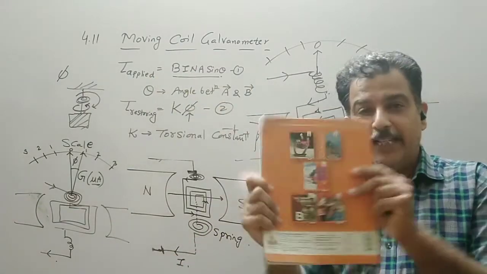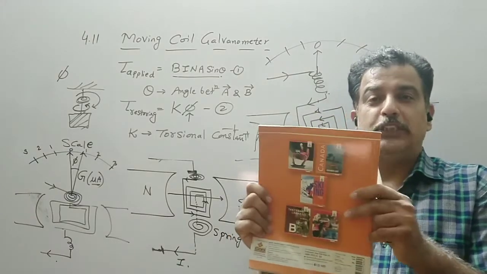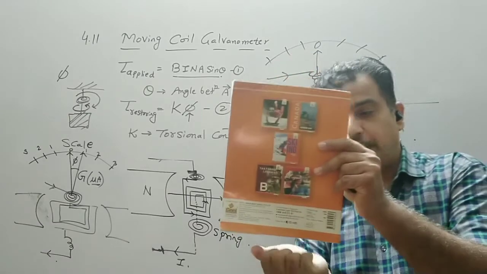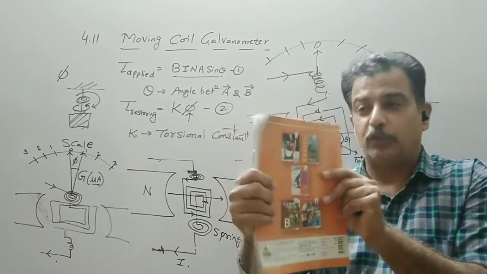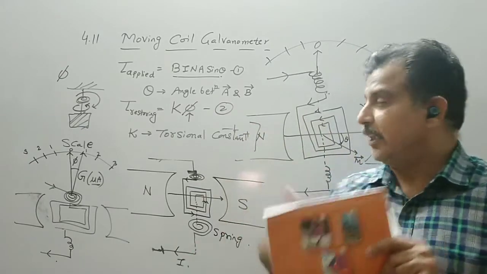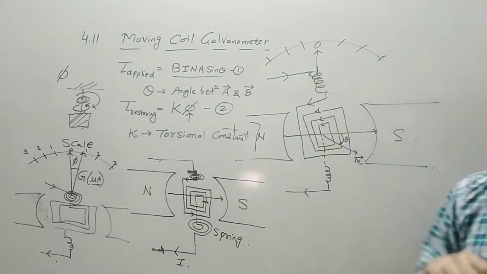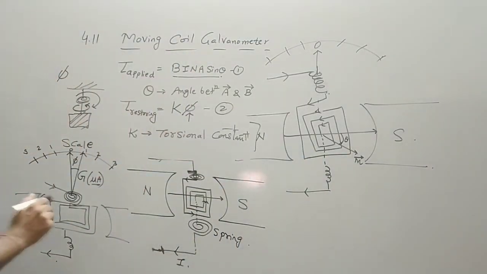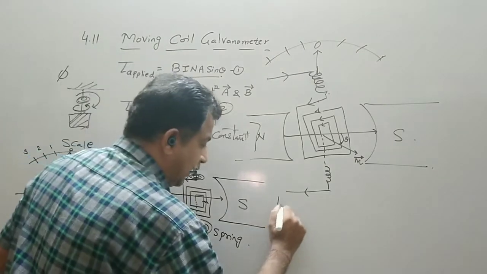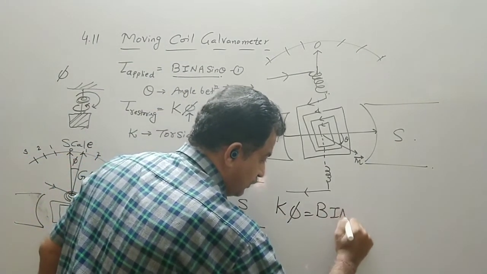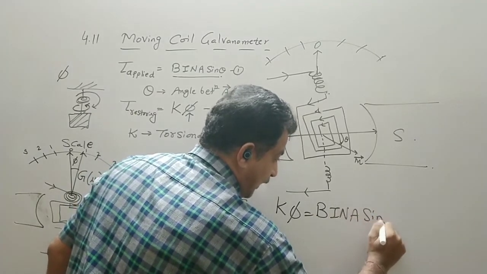So who will bring this loop back to its original position? The spring that is compressed will open up, and the spring which was opened up gets compressed. So again it comes back to its original position. Like this the galvanometer works. Now when a balanced situation is obtained, meaning the pointer is steady, showing some current, I can write K phi is equal to BINA sin theta.